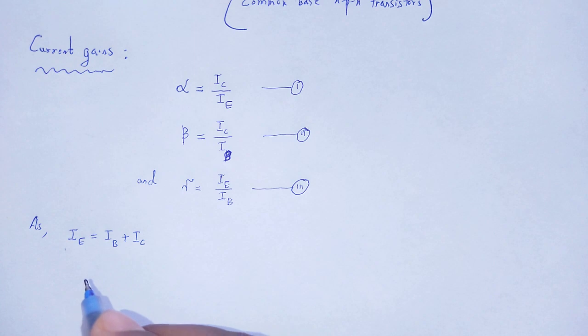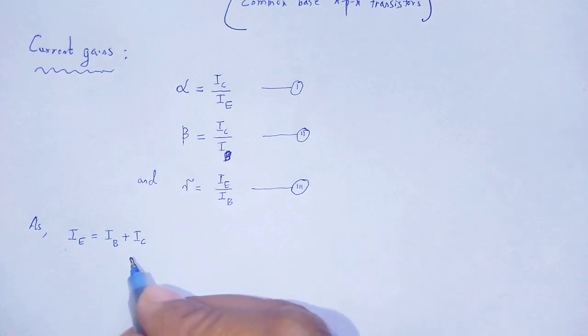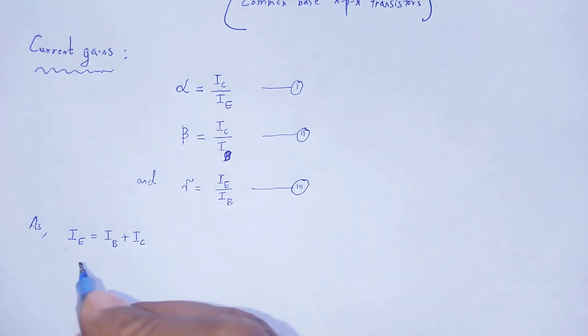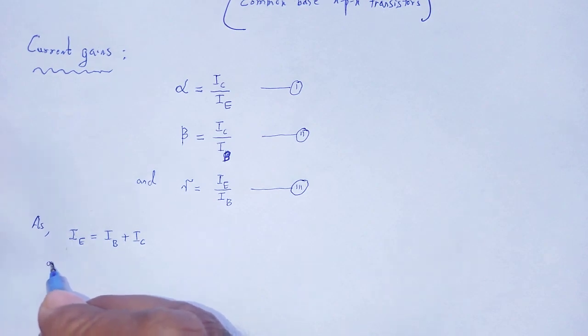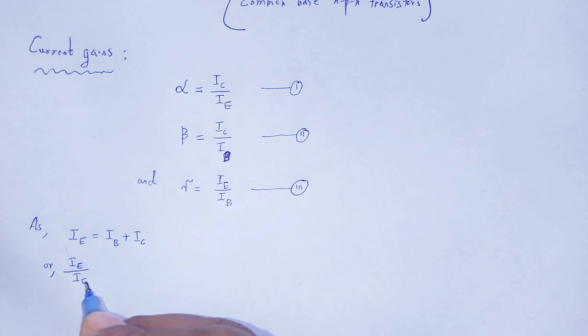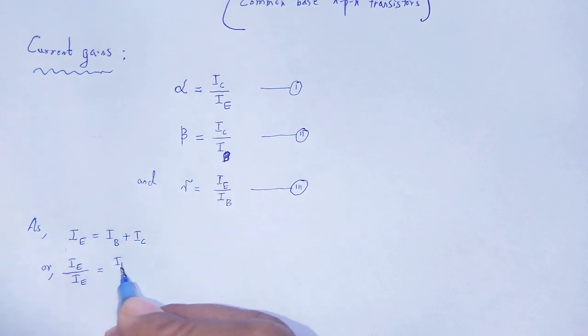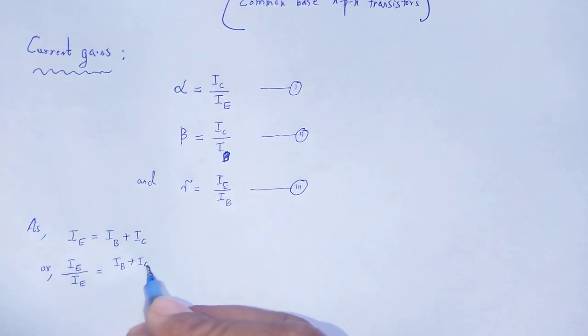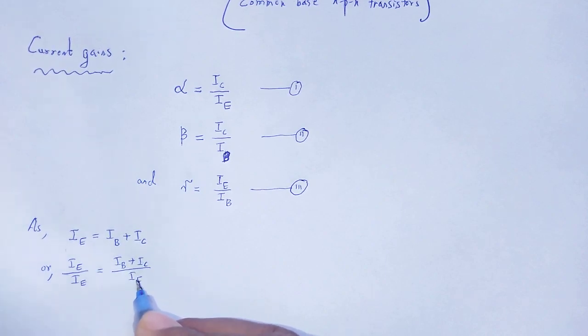Let us divide by IE on both sides. So IE divided by IE is equal to IB plus IC divided by IE.